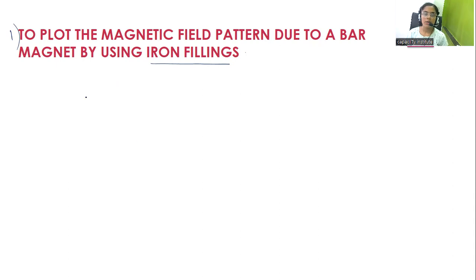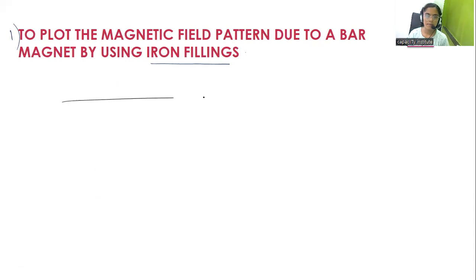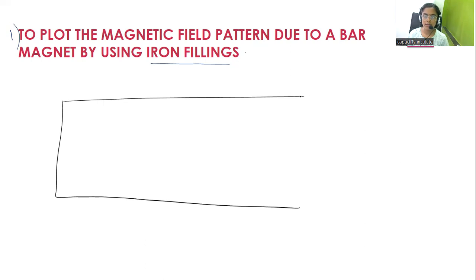Now, what you are going to do is take a sheet or a paper, and place a bar magnet on it, with the North Pole and South Pole.